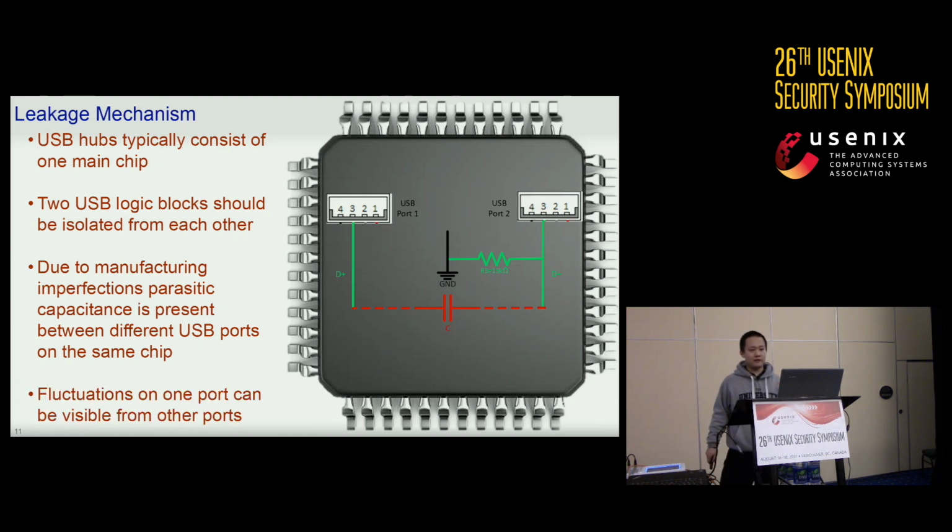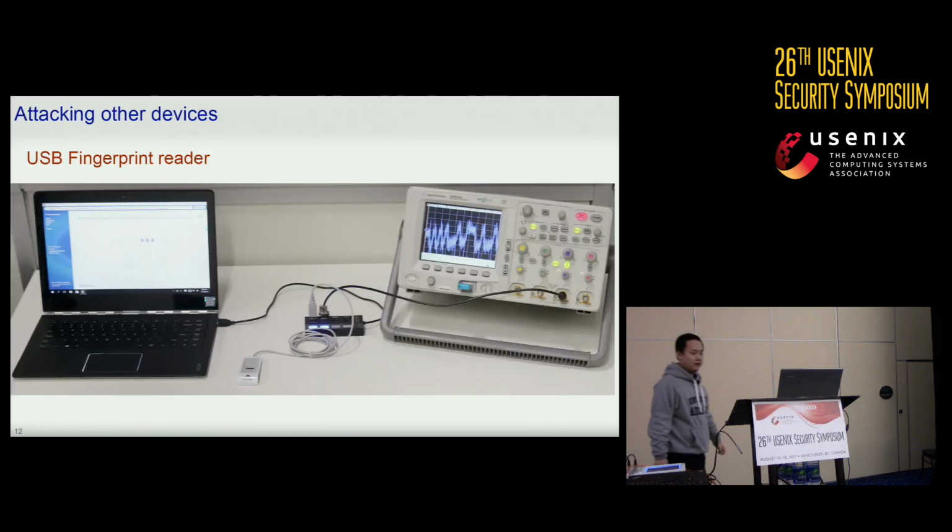If we have a digital signal going from one port, it could induce a leakage waveform on the other port through the capacitance linkage. Now, let's talk about what we can do with a leakage signal besides attacking the USB keyboard.